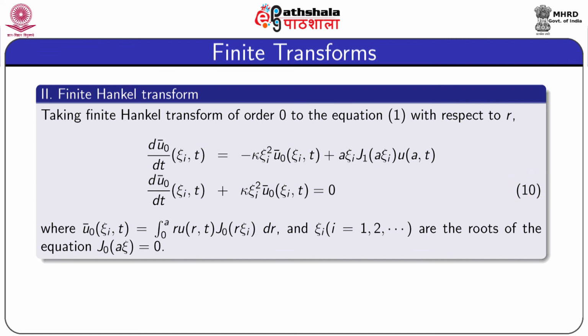In this equation, u0 bar is the finite Hankel transform of order 0. So, u0 bar is integration 0 to a r u into j0 dr, where xi I are the roots of the equation j0 a xi I equals to 0.